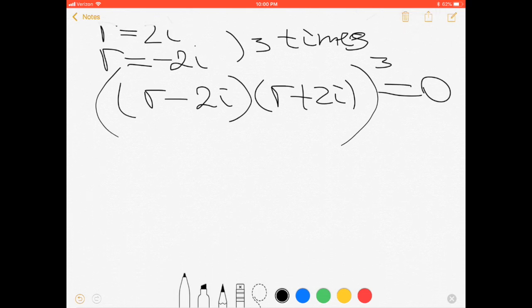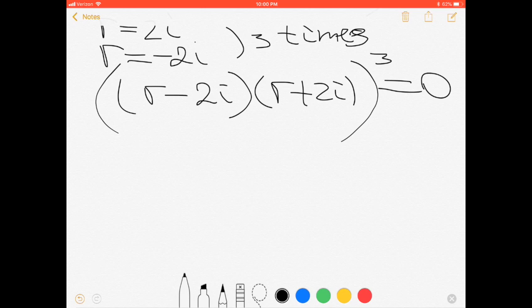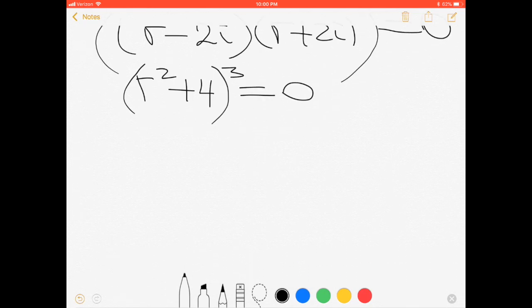equals 0. Okay, first multiply it, it gives us r squared plus 4, and this is to the third power equals 0, and distributing we have r to the 6th power plus 3 times r to the 4th times 4.